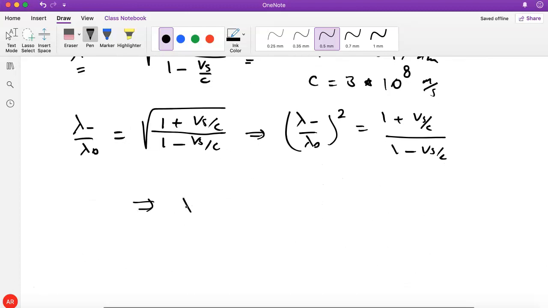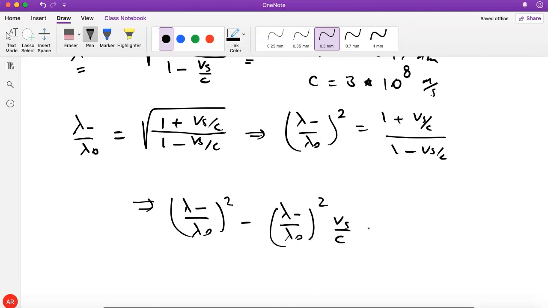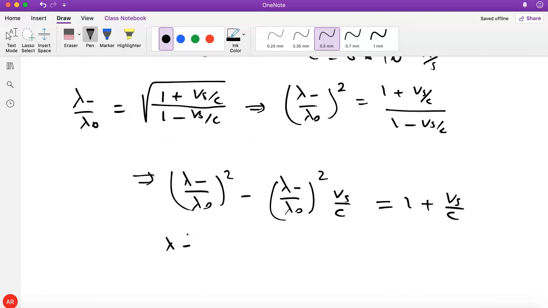So therefore, (lambda minus over lambda naught) squared minus (lambda minus over lambda naught) squared times Vs over C is equal to 1 plus Vs over C. So we collect the terms that have Vs over C in them on one side. So bring this one to this side. So we find (lambda minus over lambda naught) quantity squared minus 1.